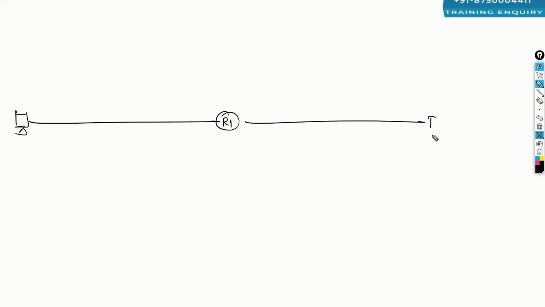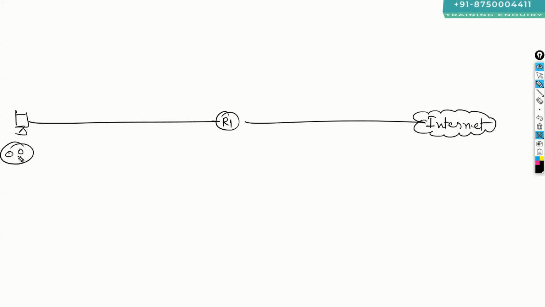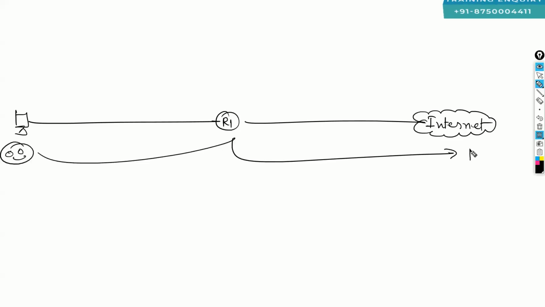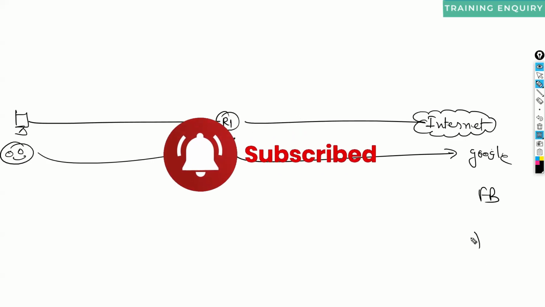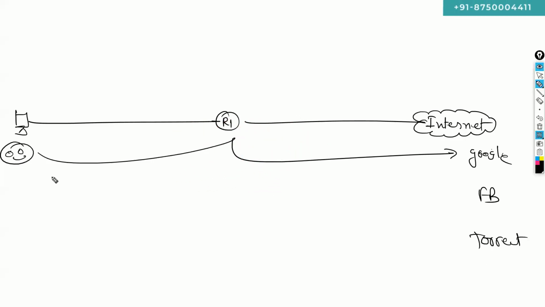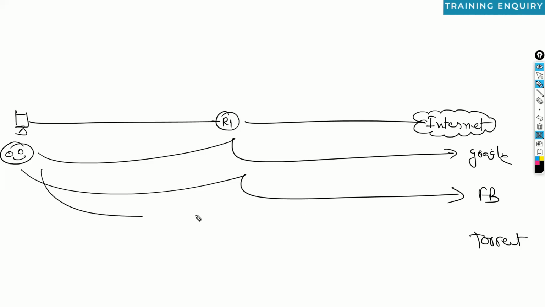We have a PC connected with a router. The router is connected with the internet, and using this internet connection any user can access Google, Facebook, torrent, any website.